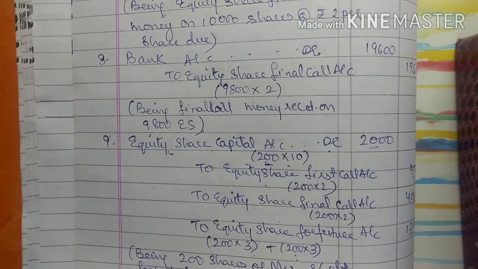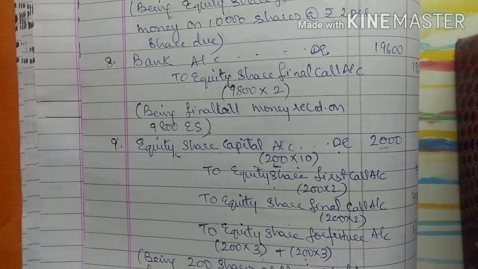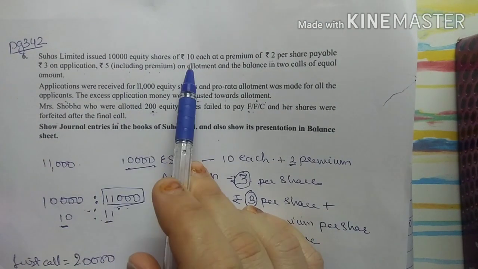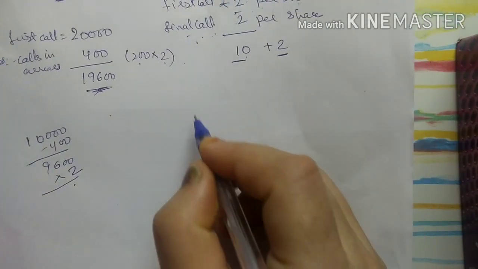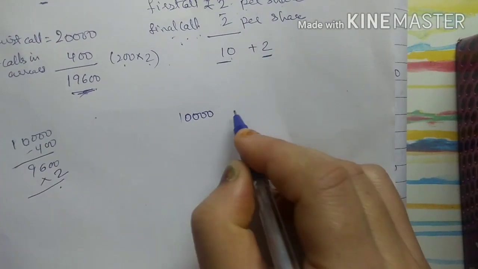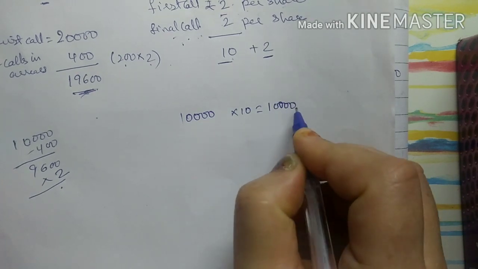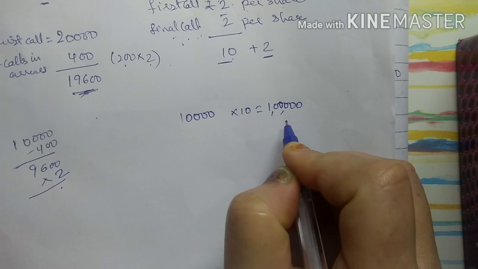So while preparing the balance sheet, you have to remember that actually the share capital of Suhas Limited is how much? 10,000 equity shares of 10 each. 10,000 into 10, that is how much? It should be 1 lakh rupees, right?